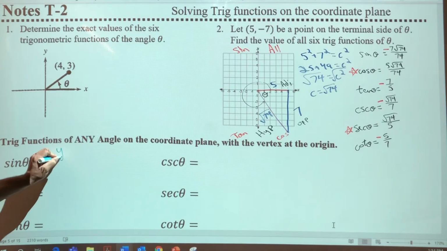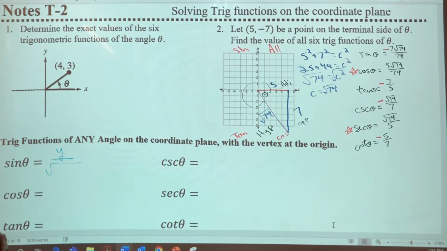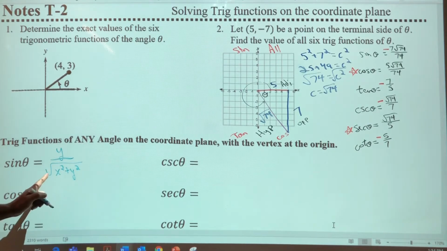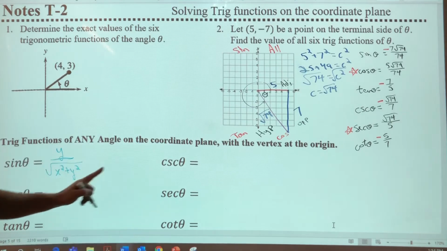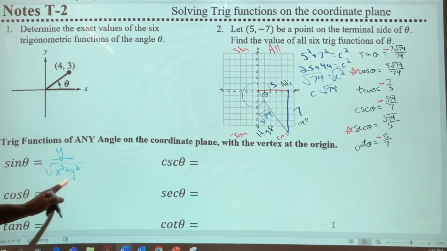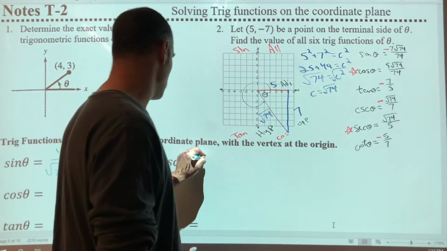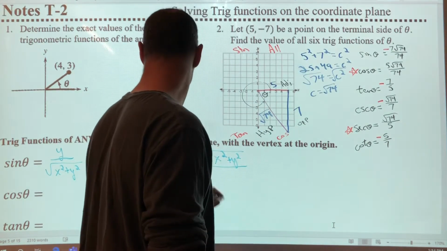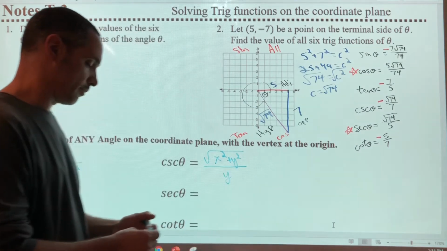The y value is going to be on top, and the distance formula, which is found using the Pythagorean theorem, gives us the square root of x squared plus y squared. And since these are reciprocal functions, if this is what sine is, then cosecant is going to be the square root of x squared plus y squared over y.